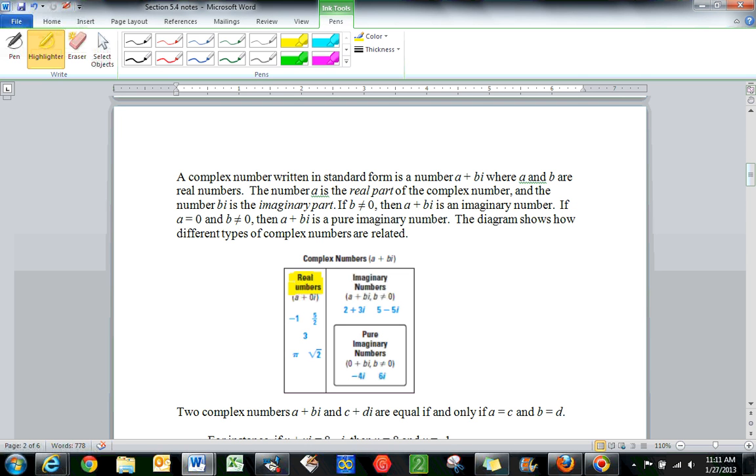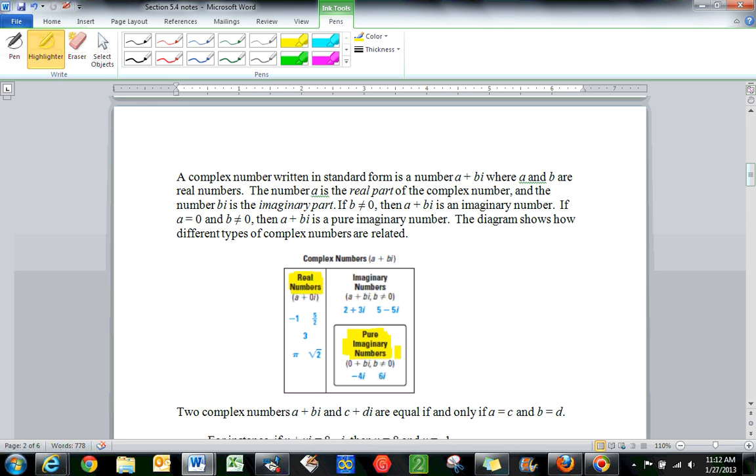Then we also found out that we could have an answer that was just 2i or plus or minus 2i, and those were imaginary numbers. And so when we have just the imaginary part, we have what's called a pure imaginary number. There's only an imaginary part involved in that particular answer.